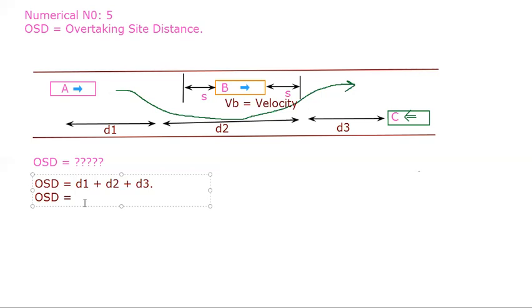Now after that, your d1 will be the velocity of B multiplied by the time t, the time required to cover the distance d1, plus your d2.